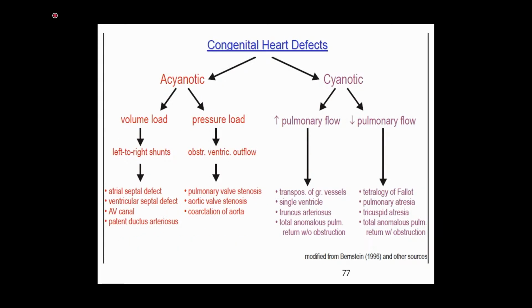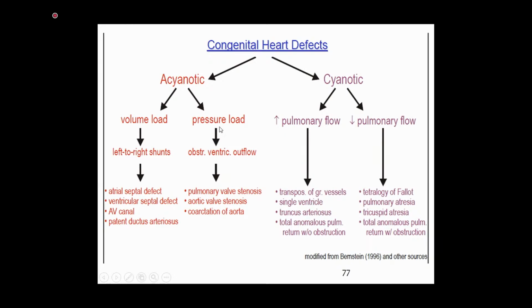And for those who came late, this was a summary of the lecture: congenital heart disease splits into those that do not have cyanosis and those that have cyanosis. For those that have no cyanosis, it might be due to volume load, where you have increased blood flow from left to right shunts at the ASD, VSD, PDA, or AV canal, which is a combination of ASDs and VSDs.